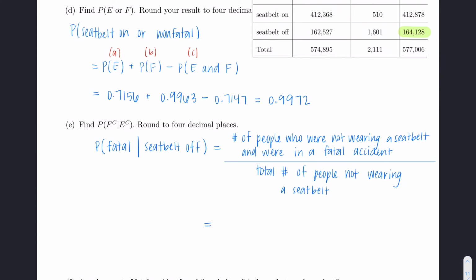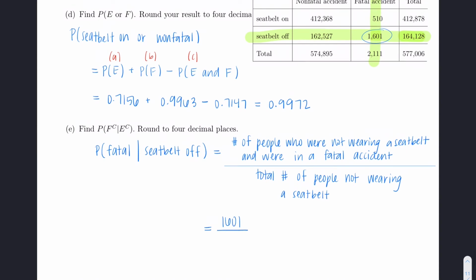And so here, the number of people who are not wearing a seatbelt and were in a fatal accident, that's going to be 1601. So 1601 divided by the total number of people not wearing their seatbelt, 164,128. And when you round it to 4 decimal places, you should get 0.0098.